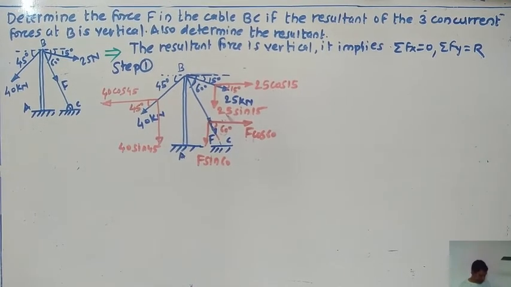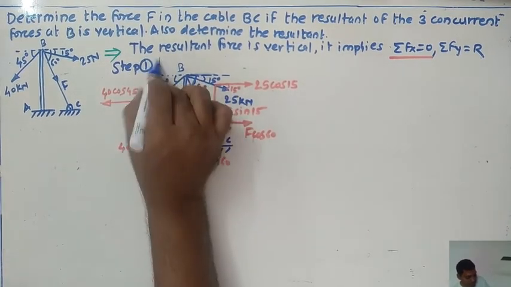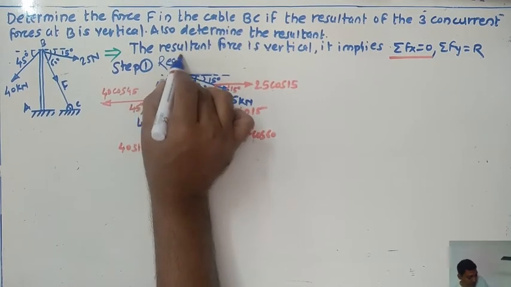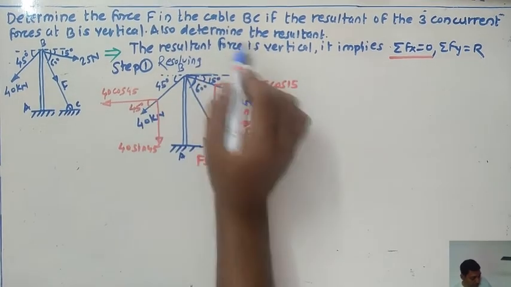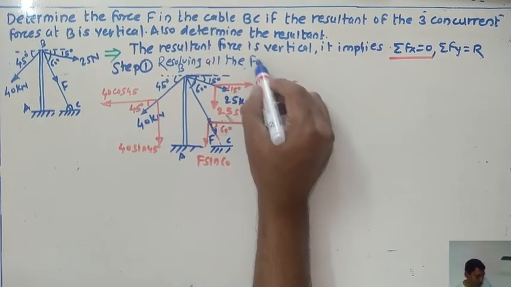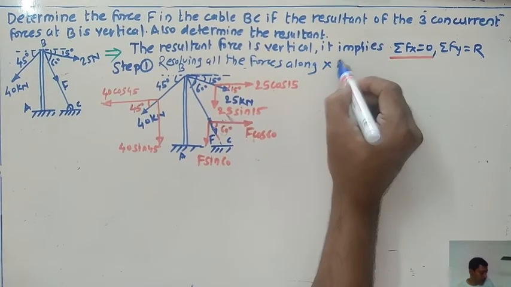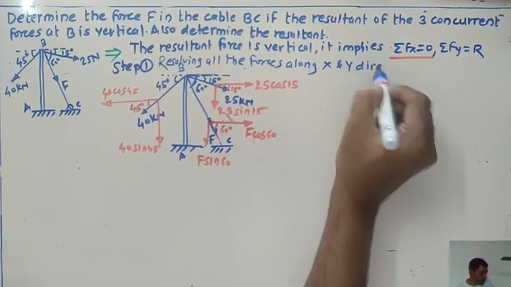Okay. So move towards our next step. So as summation of F of x equal to 0, just start the first step. Here first step already the resolution of all the forces is over. I'll just mention here, resolving all the forces along x and y directions.